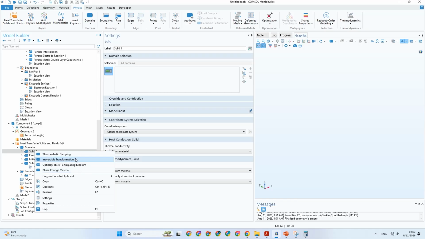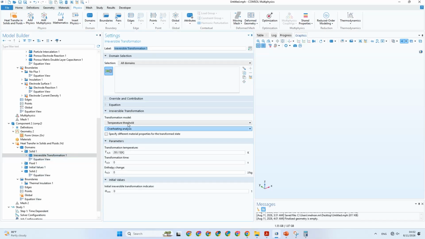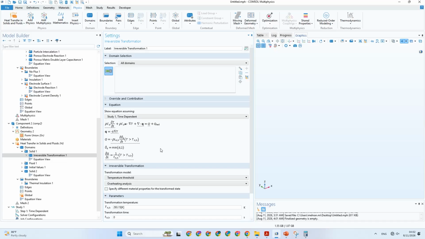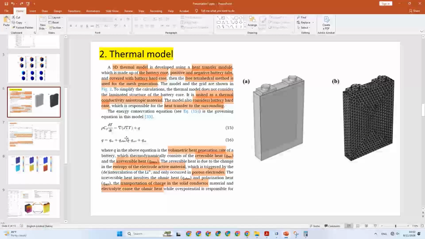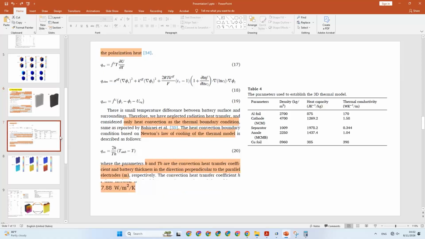For example, irreversible transformation, we can see the Q is equal to rho L rho T. That maybe we can add these equations. We can work on all of them.